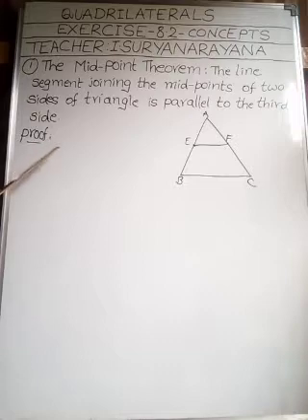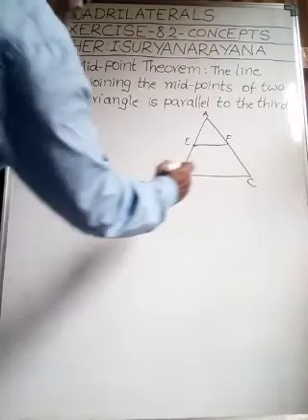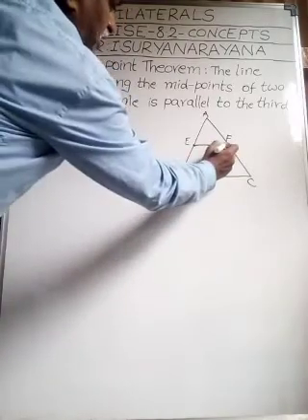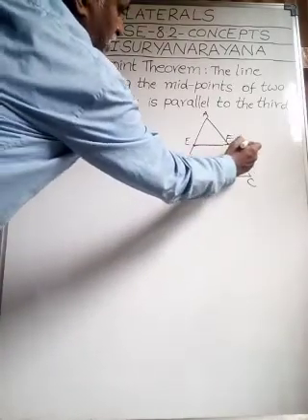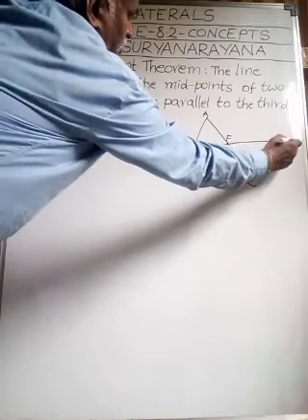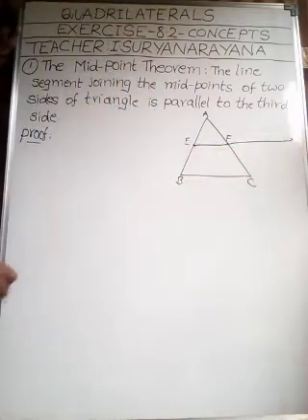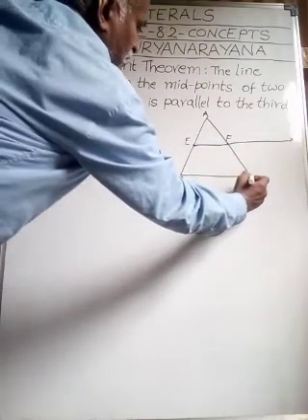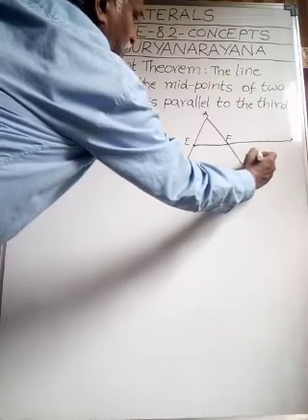Let us prove this statement. Okay, my children. In this triangle ABC, we have to make some more constructions. Let us extend EF. Let us draw a parallel line.